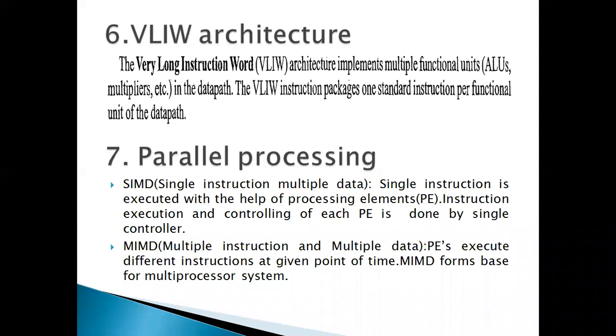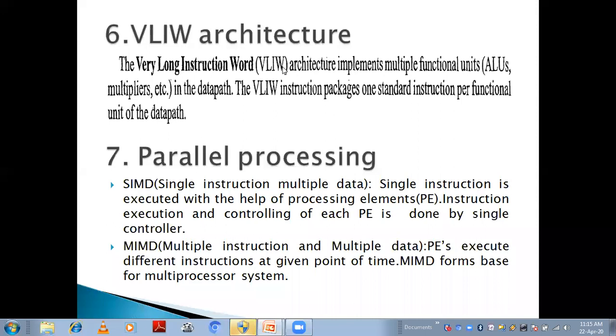That is executed by a single instruction in the data path from the input to output. The name itself indicates a very long instruction word. Means a single instruction is going to be used to define the entire processor operation. So that is how that architecture may be used according to our requirement.